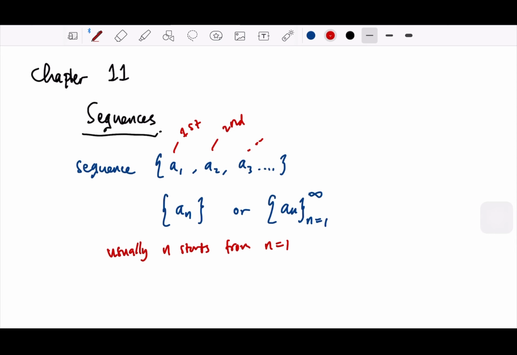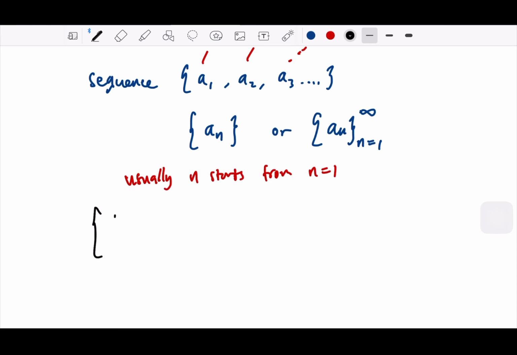Okay, so if we have 1 over 2 with power of n, which means that this will start from half, from n equal 1, and then n equal 2, n equal 3, n equal 4, and so on.